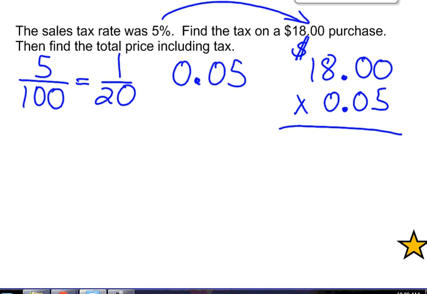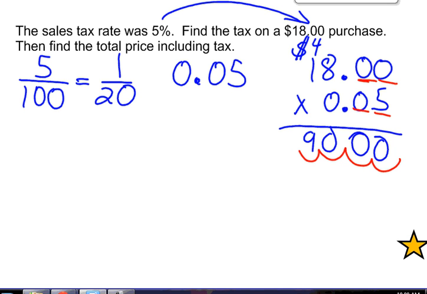Right, ignoring the decimals, and we're multiplying, so we can go 0, 0, 0, carry the 4, 4 times 1, 9. Right, and then we're going to count the decimal places. 1, 2, 3, 4, 1, 2, 3, 4. Throw that decimal place right there.